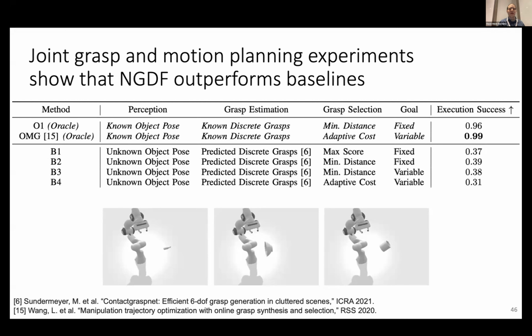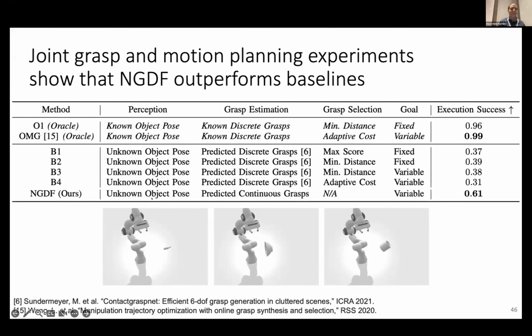Next, we compare to methods that make fewer assumptions. If you don't assume you know the grasp or the object pose, then you have to predict the grasps. Here are 4 different methods that predict a discrete set of grasps and then optimize a trajectory to one of those discrete grasps using different grasp selection methods.